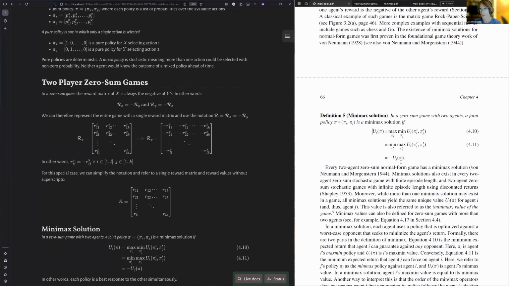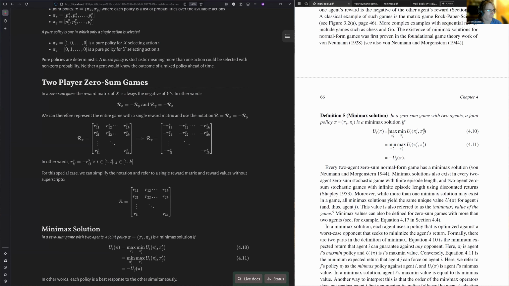And there is a single Minimax solution for this game, which is defined by the fact that it will be shared between the 2 players. So the value from X is negative the value from Y. Now, this always has to be the case just because it's a zero-sum game, so the reward values are always negative of each other.